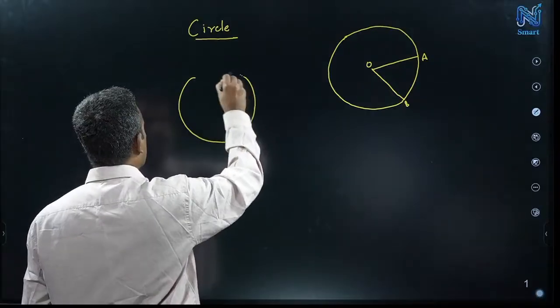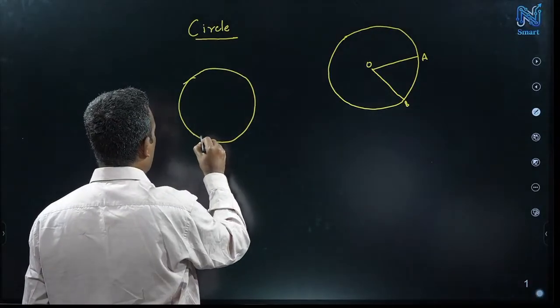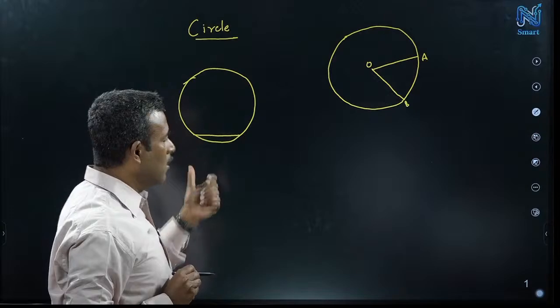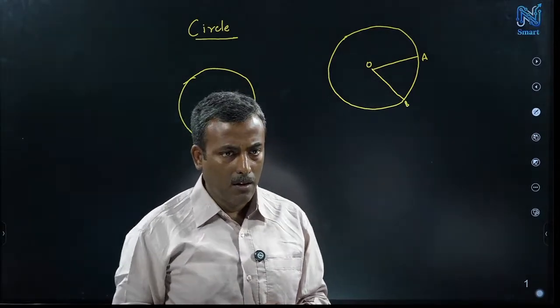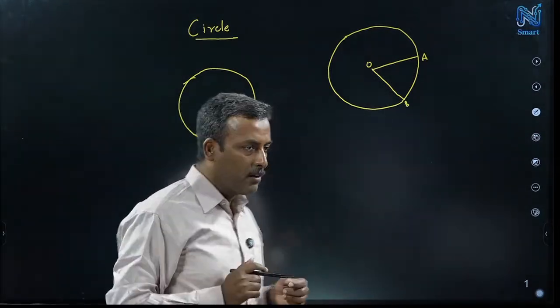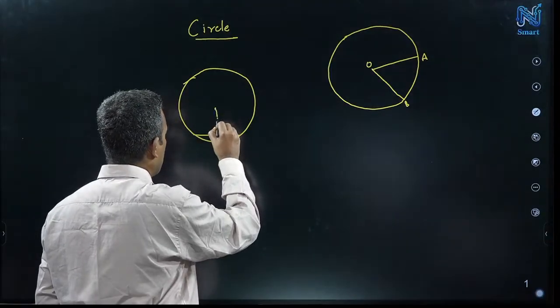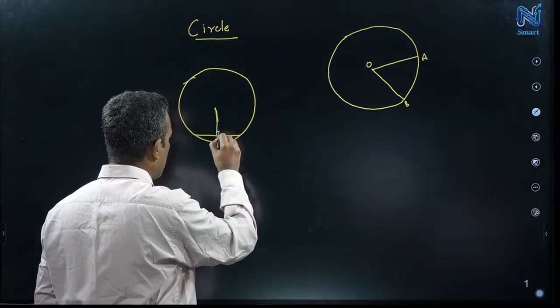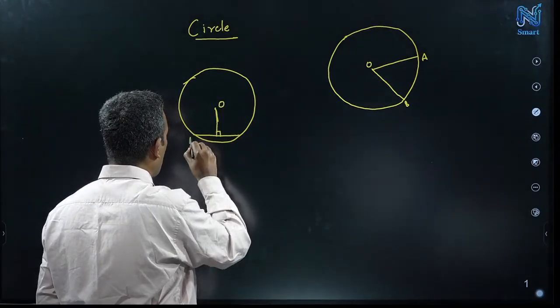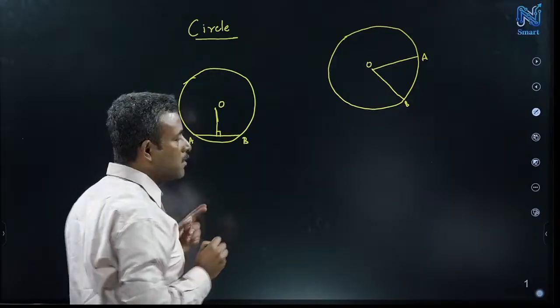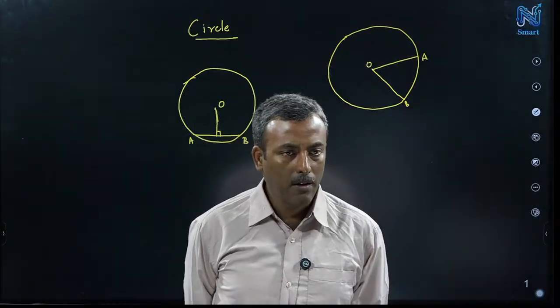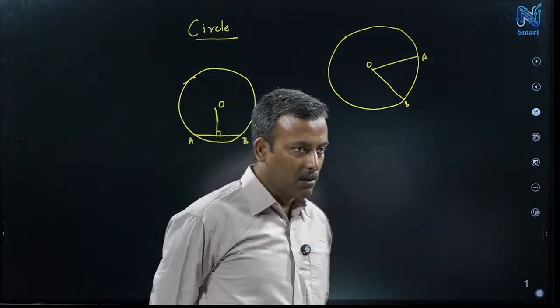So, what is the first thing? If you join two points on the circle, the line segment is called a chord, right. And this is the center O. If you draw the perpendicular to the chord AB, then it meets the chord at the midpoint, you know this.